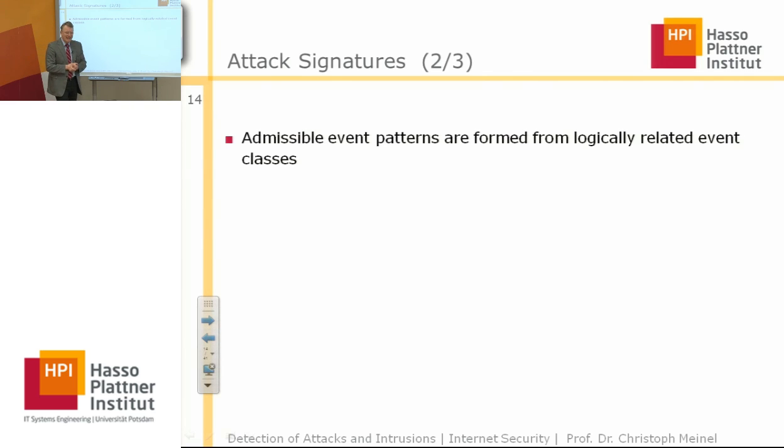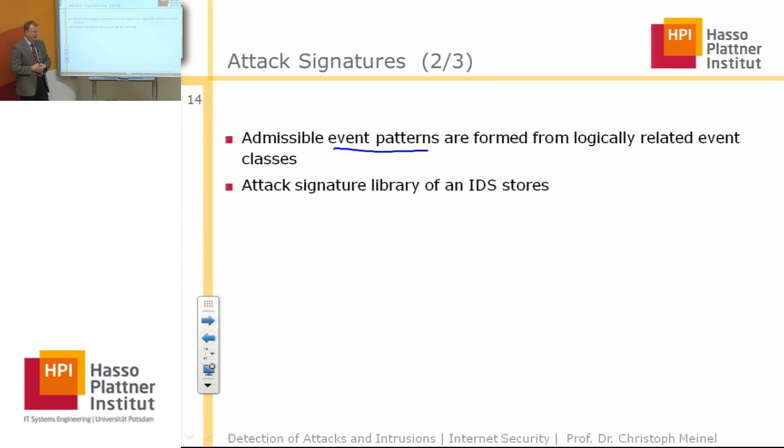Now, one needs to characterize such event classes by event patterns. These event patterns are formed from logically relevant classes. And the logical characteristics of attacks are stored in a so-called signature library.